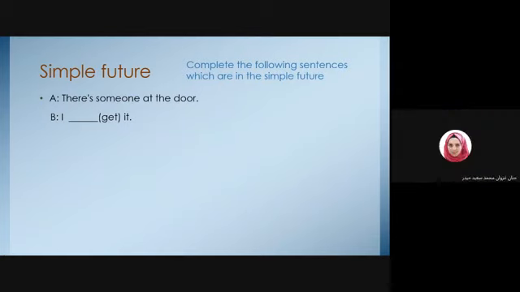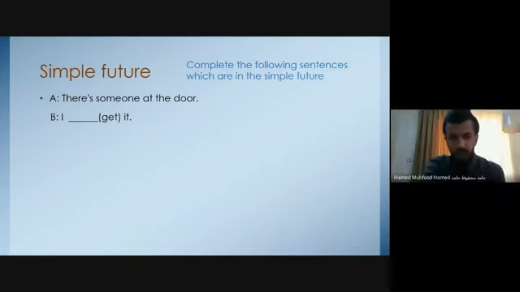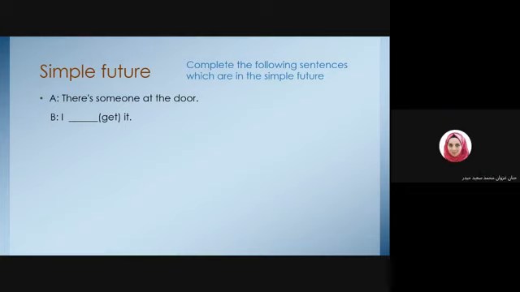I will got it because subject, will, verb in the root form, complement, full stop. Yes, I will got it. You mean you want to change the get into got? Yes. Why? The verb in the root form.